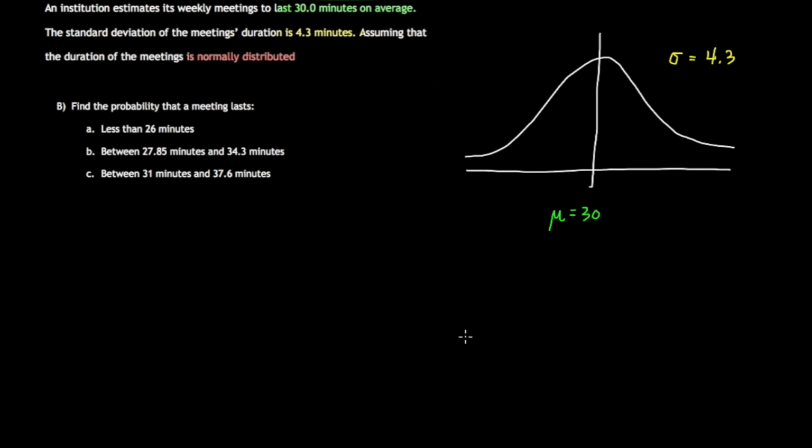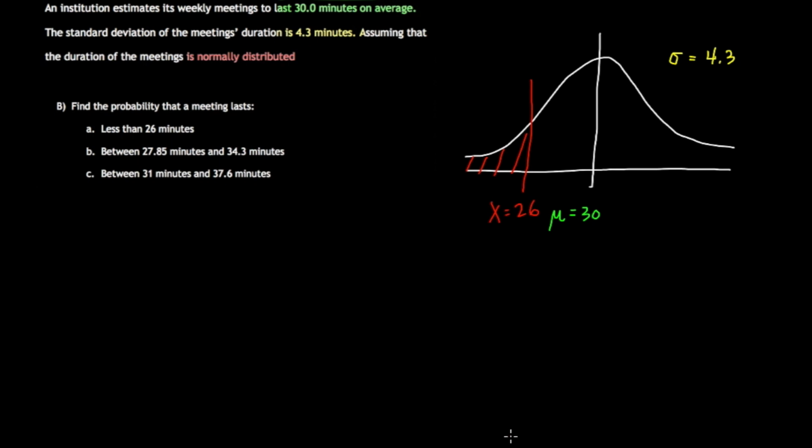If they want to know the probability that a meeting lasts less than 26 minutes, so our meeting here is going to last 26 minutes, but I want the probability that it'll be less than 26 minutes. So in effect, this right here is what I'm looking for, right?